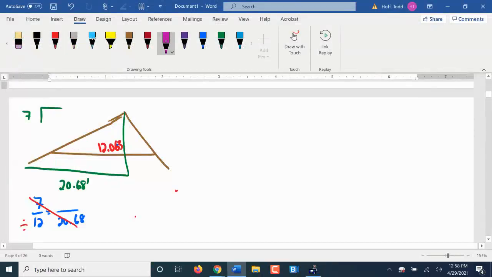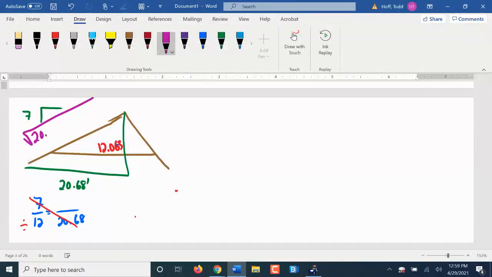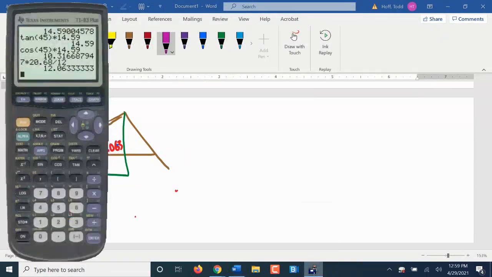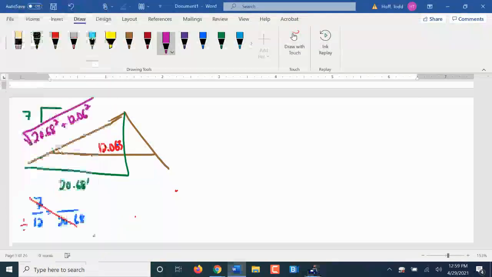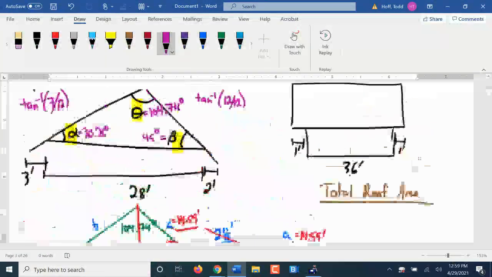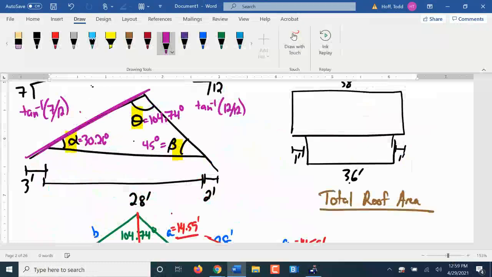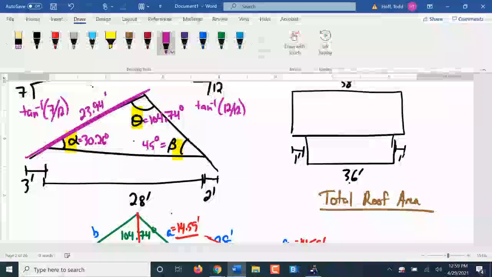So this length here is the square root of 20.68 squared plus 12.06 squared. Giving us 23.94 feet. That's the length of the slope up this side of the truss, 23.94 feet.